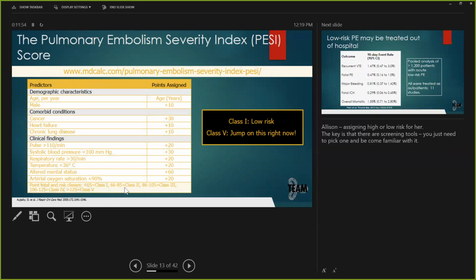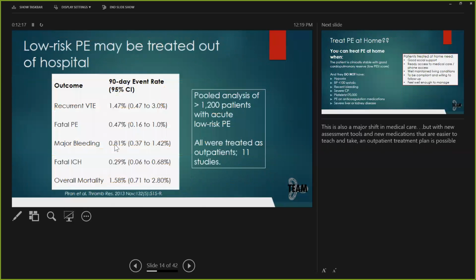Class 2 is also under low risk, and class 5 is very high risk for these patients. If you have a high score, it means the patient needs to be admitted to the hospital and monitored in a supervised setting, to make sure their symptoms are managed and the class comes down to lower before you discharge the patient.